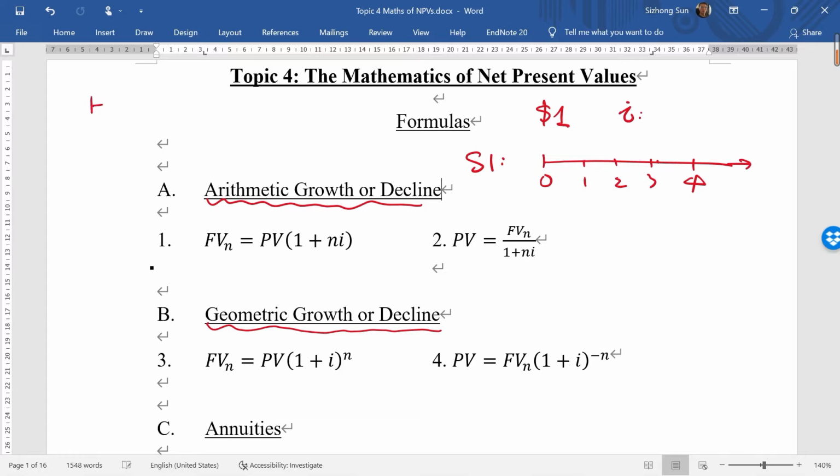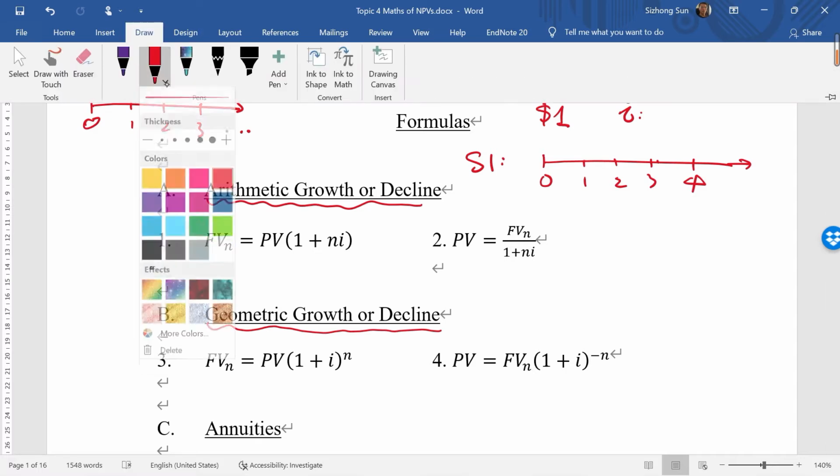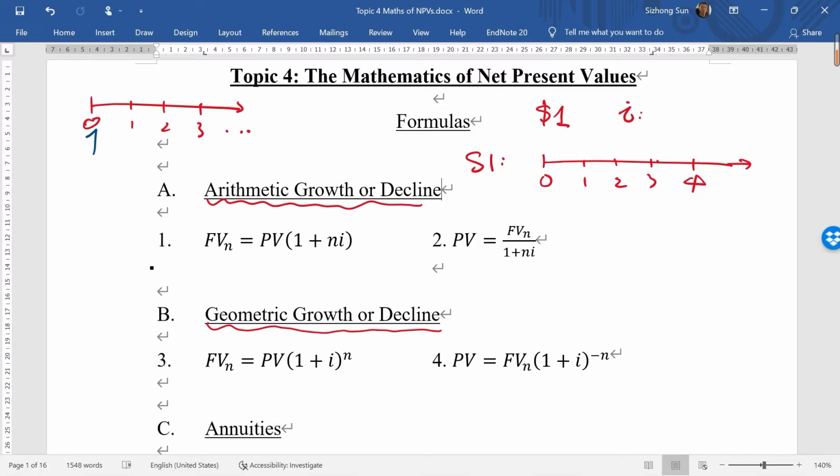Let me try here. Suppose here 0, I'm using 0 to represent the present time. If I'm standing at 0, present time, and I take one small step forward, I get into the beginning of year 1.